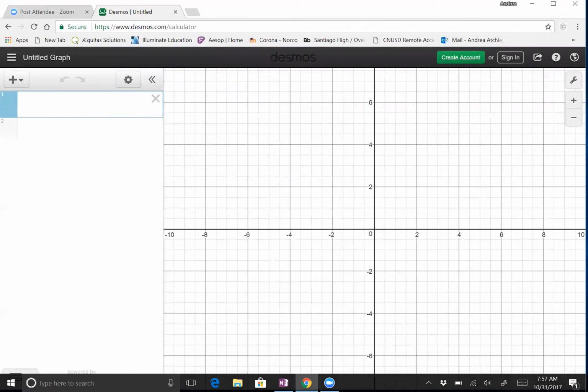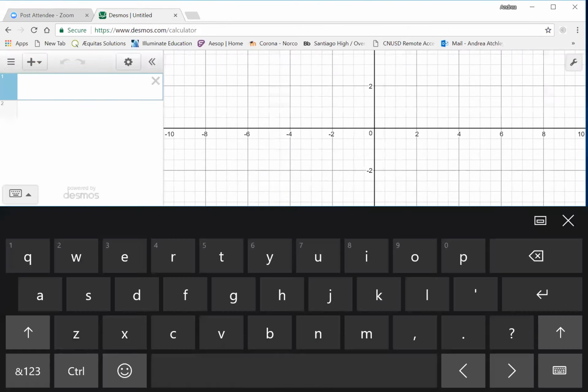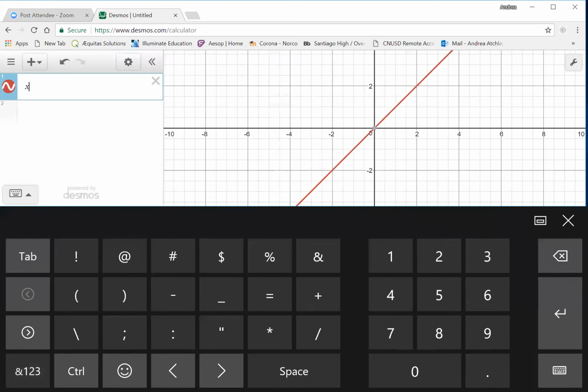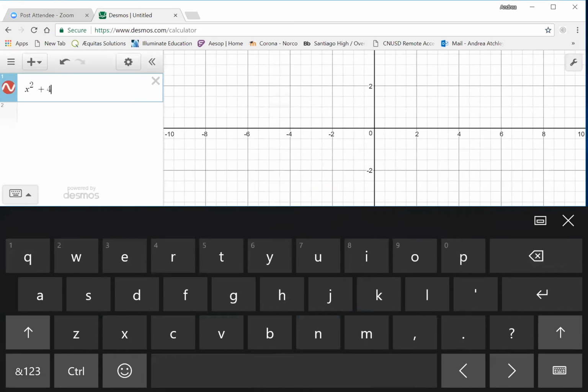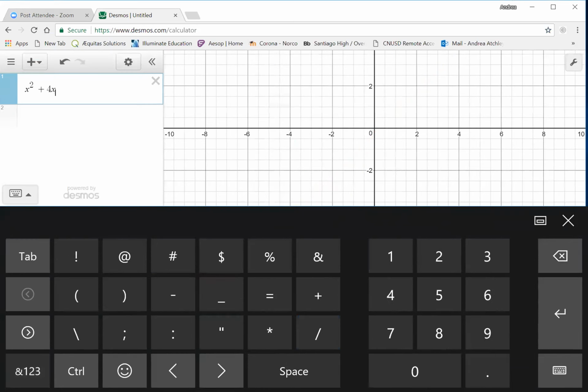But here's what we're going to do. We're going to graph it. I'm going to type in x squared plus 4x minus 5.